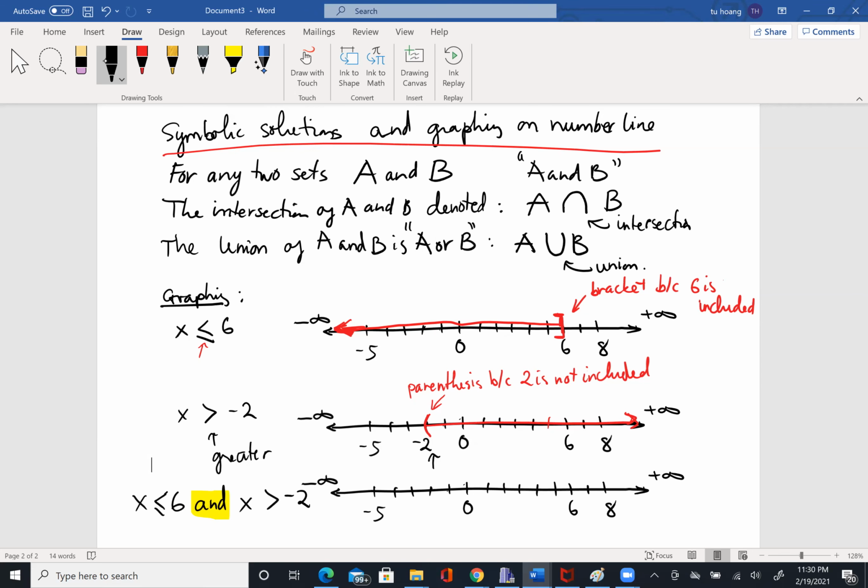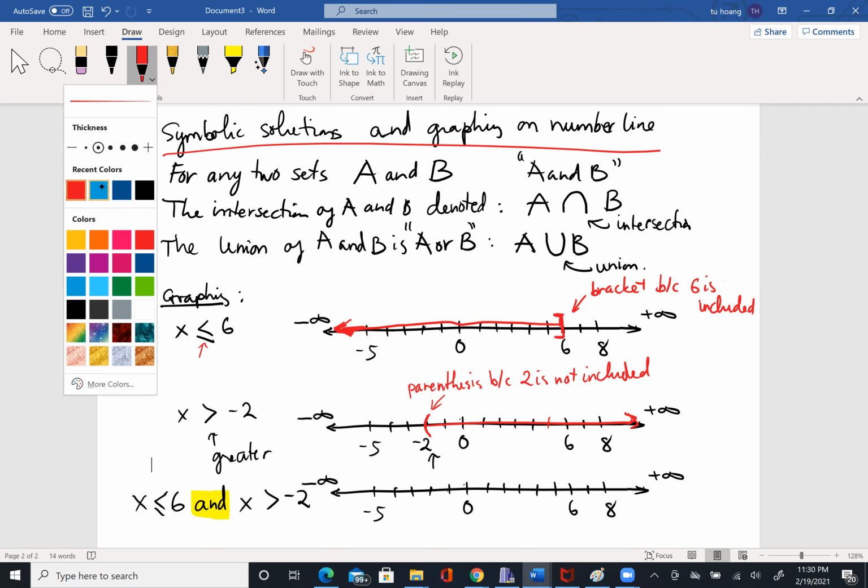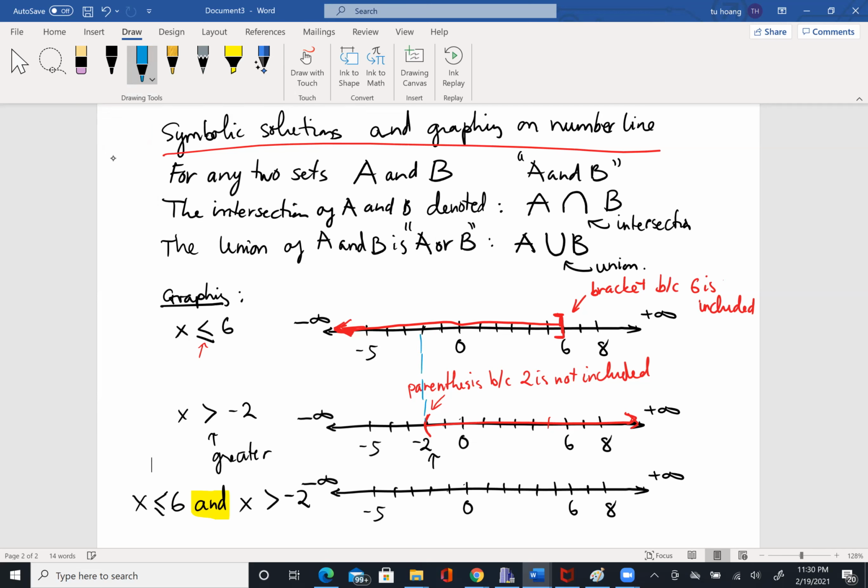And you should understand why. If you use another color here and try to make the intersection, you can see that this part is the intersection between the two sets.